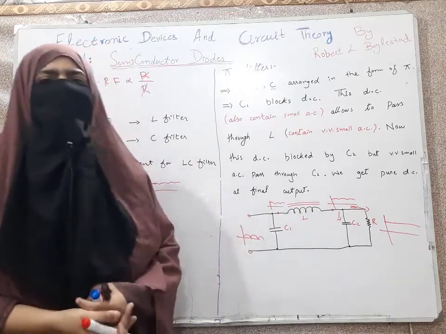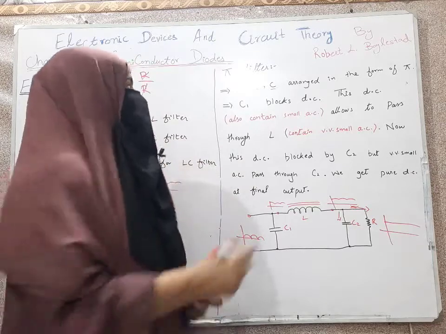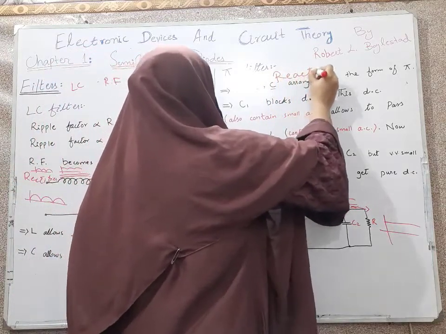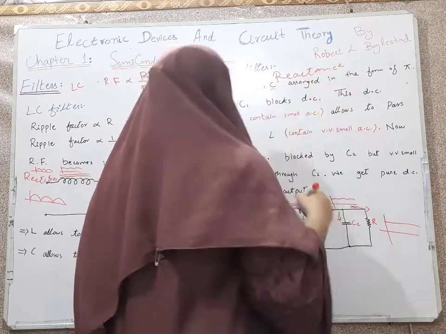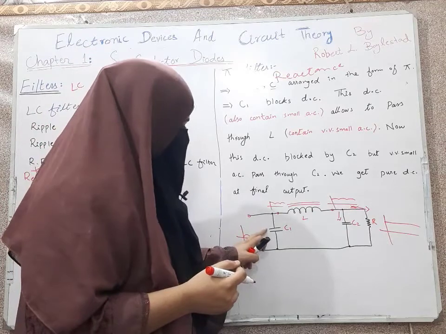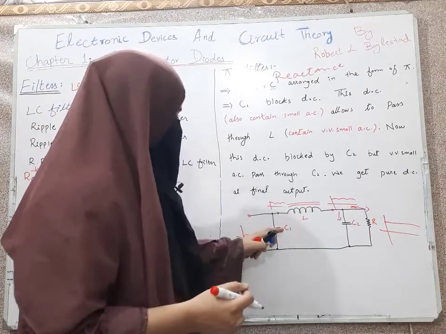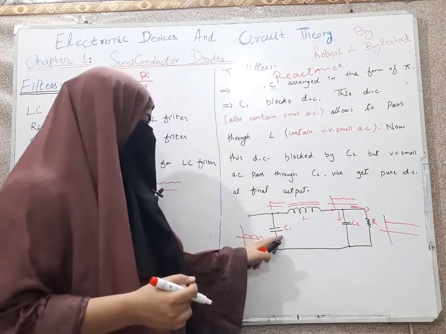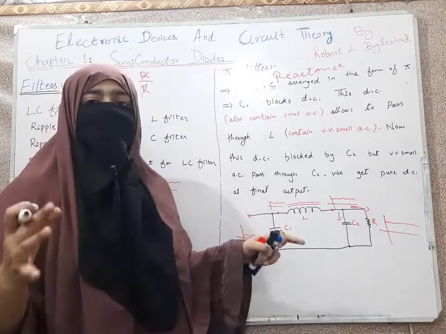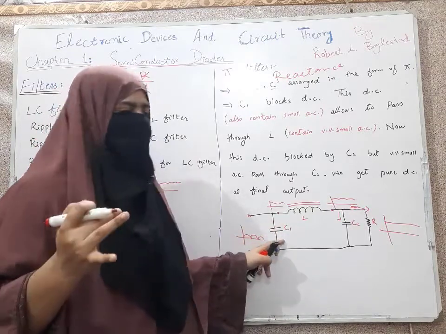In our book we have seen the term reactance. Reactance is basically the internal resistance of capacitors and inductors. For a capacitor, the reactance for AC is very low, but the reactance for DC is very high.